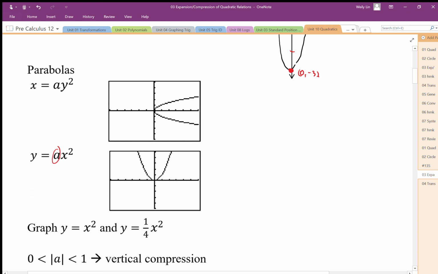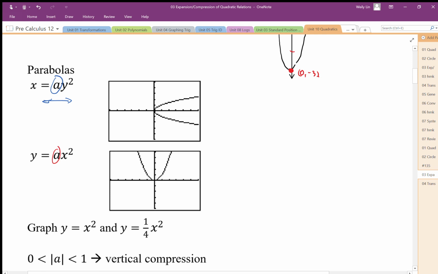Now, when we switch it around to a horizontal parabola, okay, parabola opening sideways, as long as I keep the same format, that A here is going to be a horizontal expansion and compression. So it's going to expand and compress this way.